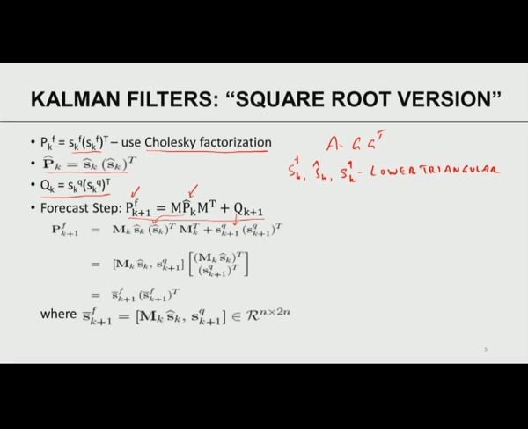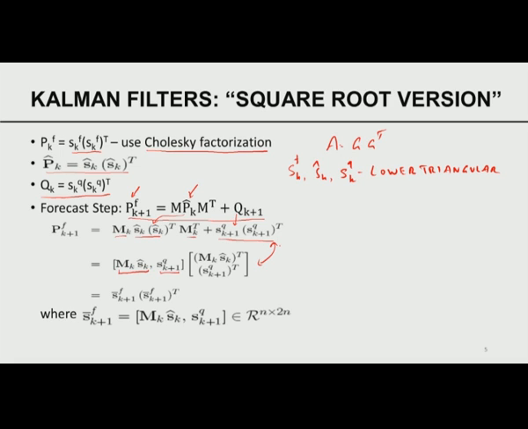So you can readily see Mk times the square root times Mk transpose plus the product of the two Cholesky factors, the lower triangular and upper triangular parts of Qk plus 1. This can be rewritten in matrix form as Mk Sk hat plus Sk plus 1 Q, and the transpose of that. So you can readily see that this product is equal to that product.